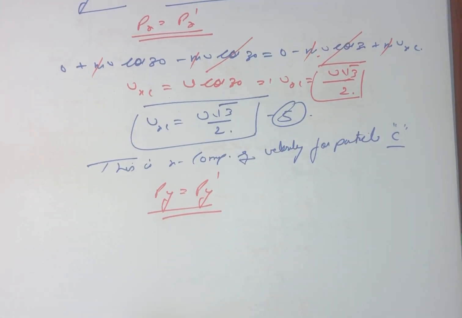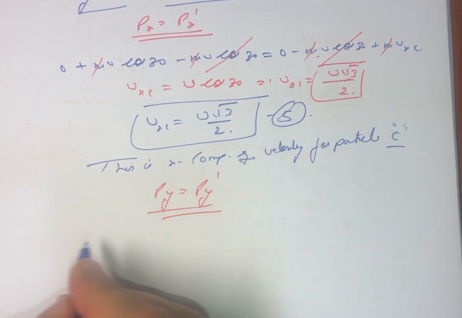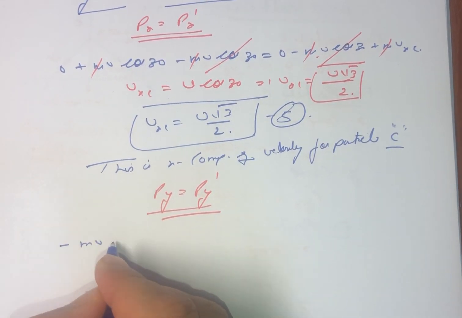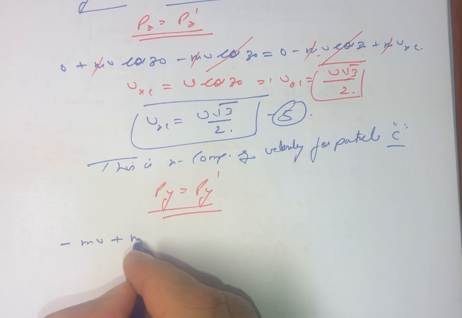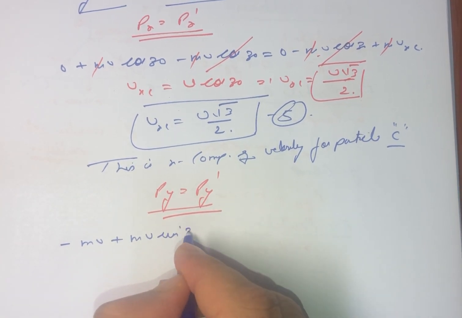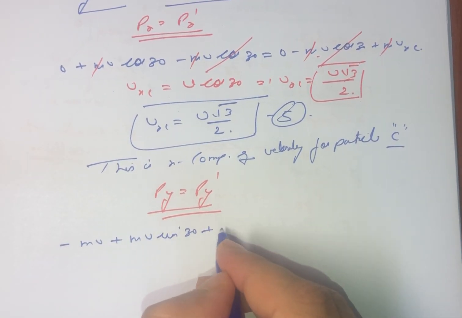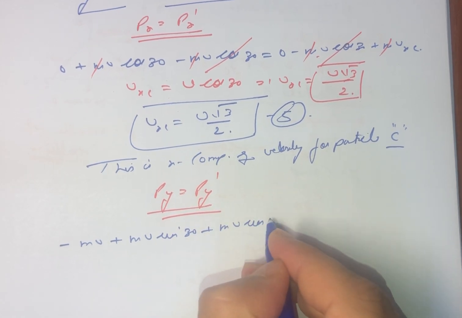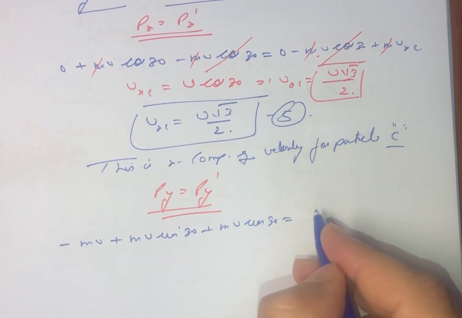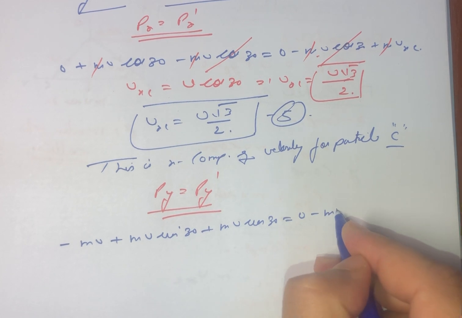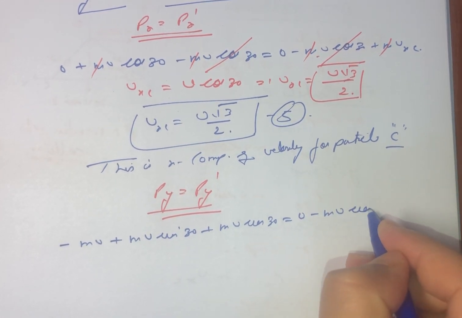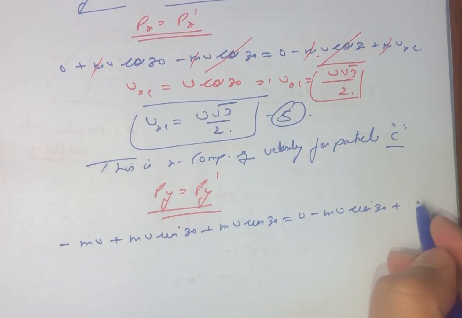Y component is equal to y component. So we substitute the values. So we get minus mv plus mv sine of 30 plus mv sine of 30 is equal to 0 minus mv sine of 30 plus mvyc.